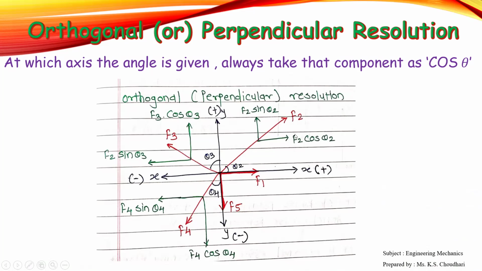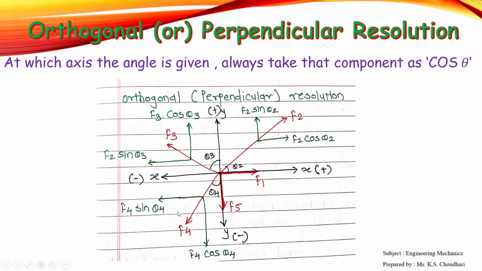So while resolving the forces, we must take the x component as cos theta. First we write down the magnitude of force, then cos, then the theta value. Here the theta value is theta 2, so we write it as F2 cos theta 2. And the other component is the sine component, that is F2 sine theta 2.